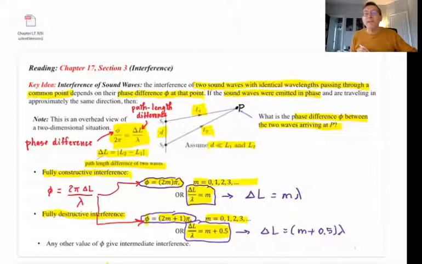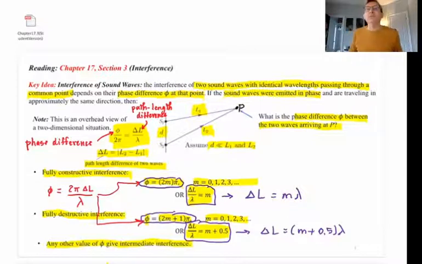Those are the main things we have to be able to do. Use those expressions to see if we're going to have fully constructive, fully destructive, and if it doesn't fit, if you don't have a phi that satisfies either one of those, or a delta L over lambda that satisfies either one of those, that is to say any other value of phi, gives you what's called intermediate interference.